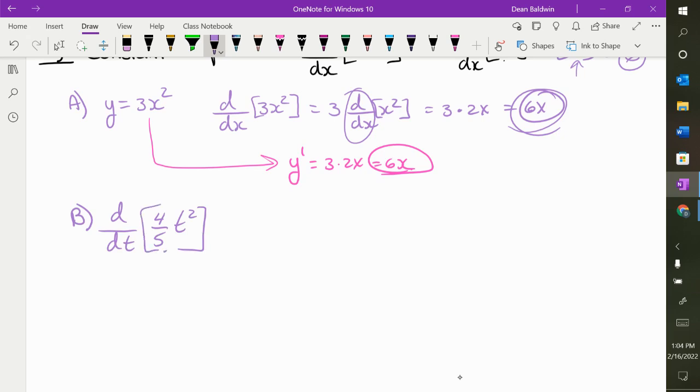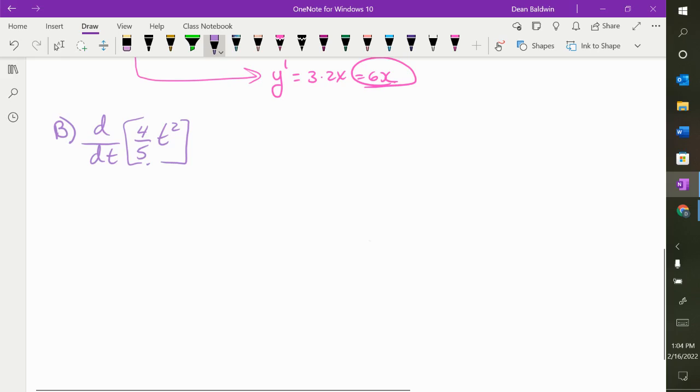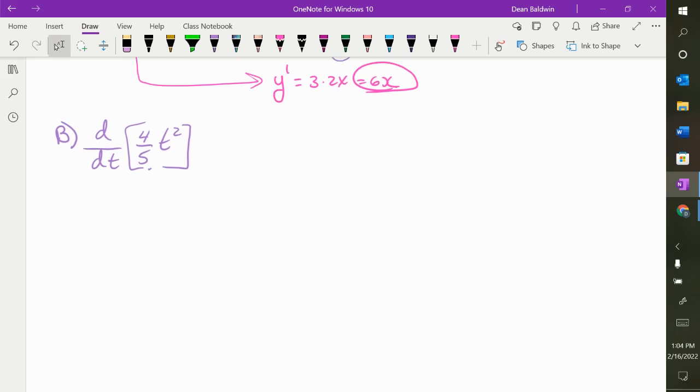Just for you, Anthony. So why did I put a T there? Why did I put DT, I guess? Respect to t. Yes. So the bottom here changes depending on what the variables are in your function. The derivative of this function with respect to t.